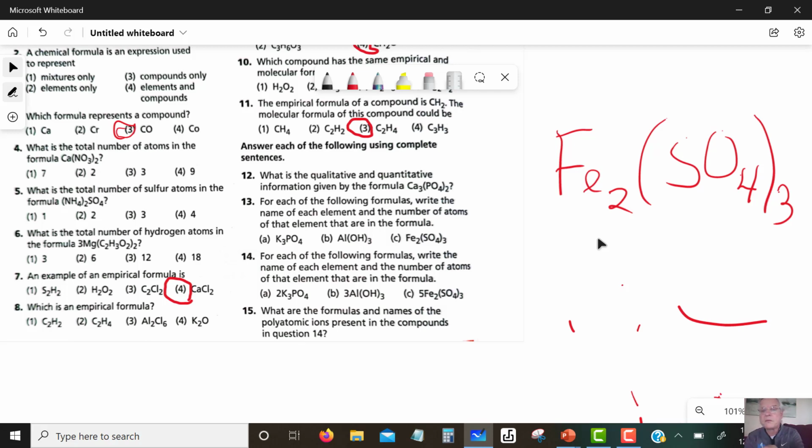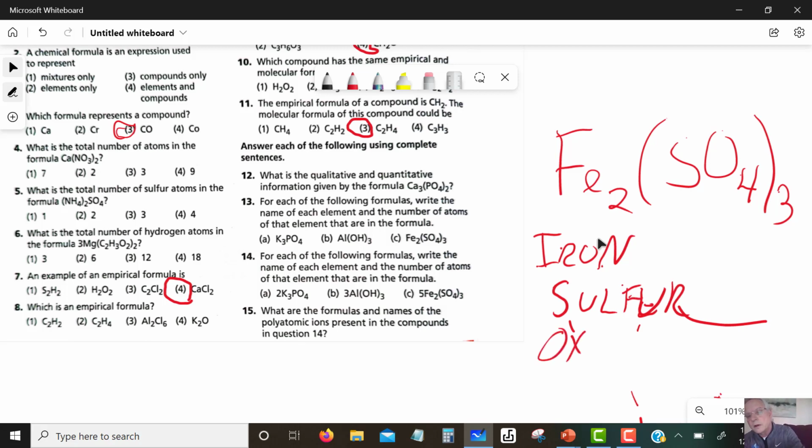Well, Fe is iron, S is sulfur, and O is oxygen. So this is iron, sulfur, and oxygen.